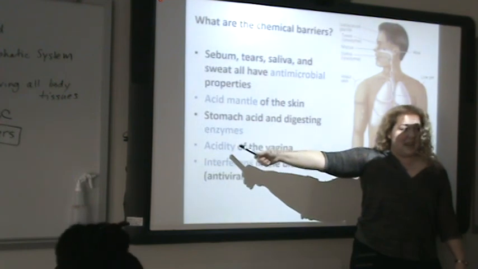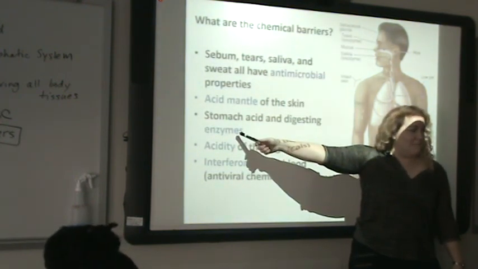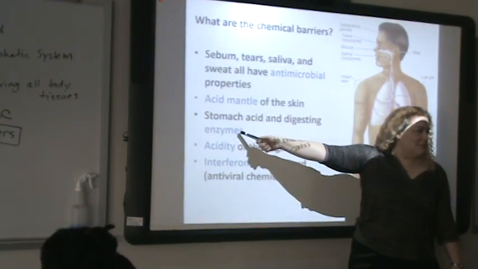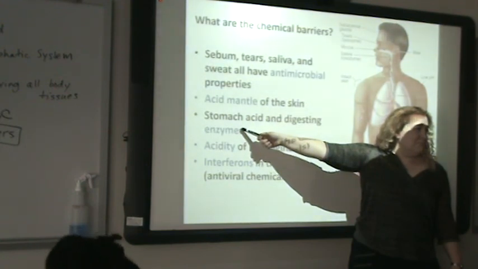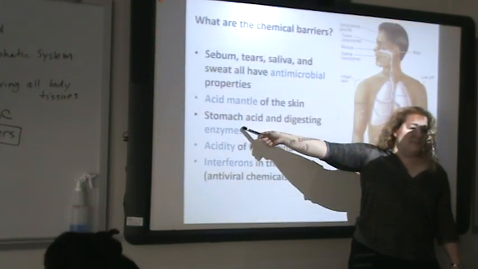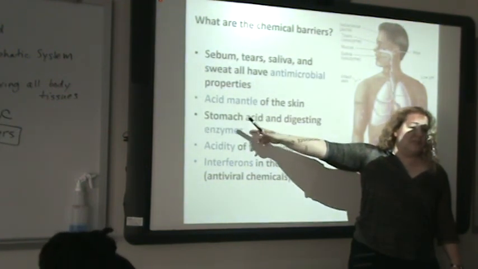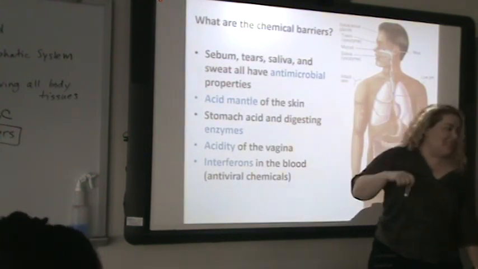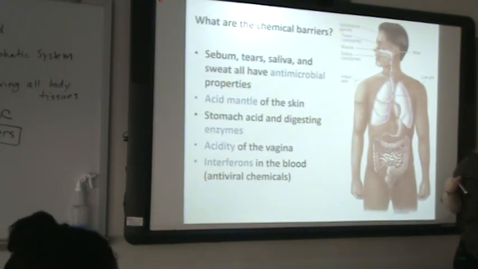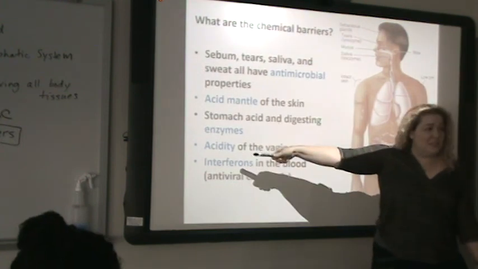And if they survive the acid, a lot of them cannot survive other digestive enzymes. You actually have to eat a lot of microbes to get a few to survive and make you sick in that way, usually. The vagina also is supposed to be acidic.